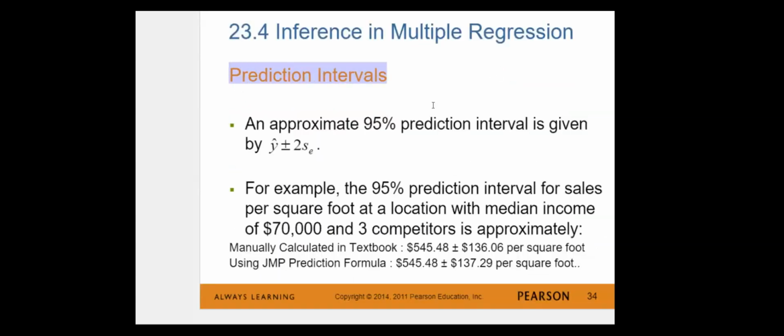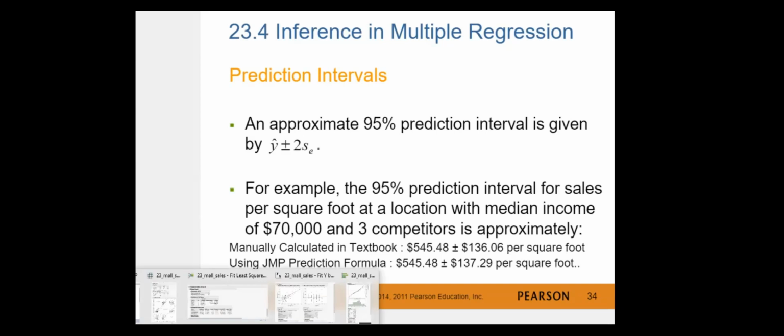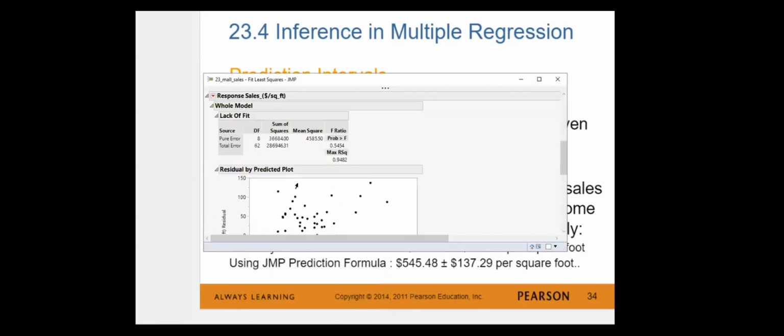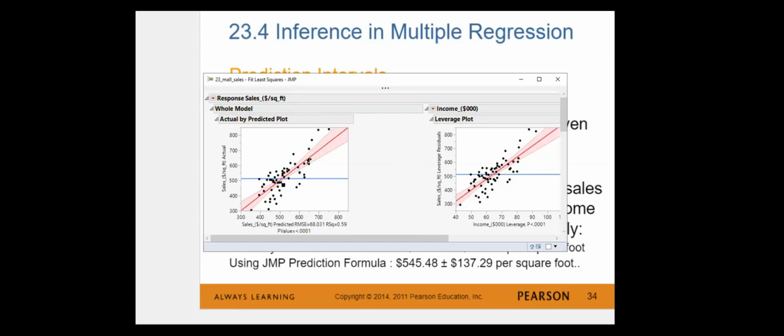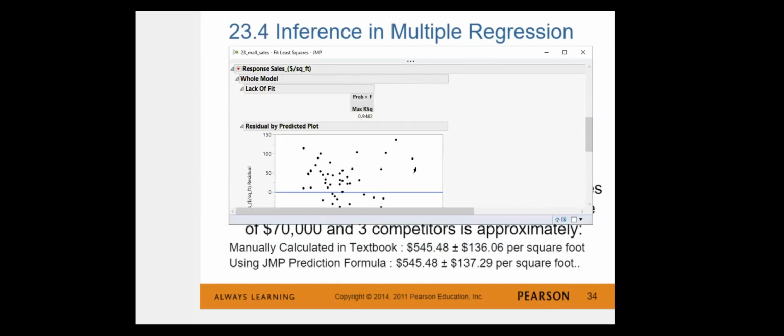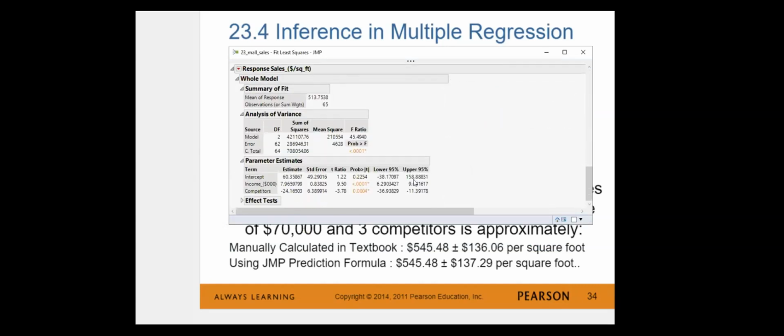So lastly, the prediction intervals. Prediction intervals are actually vertical. Let's look at the regression line here. If we have the regression line, the question is, what would be the margin of error around the predicted value of sales, right?